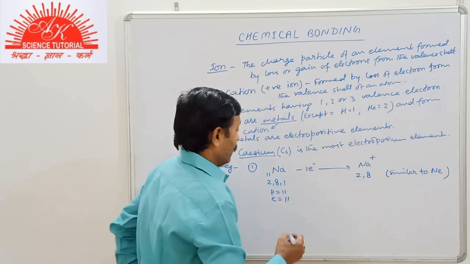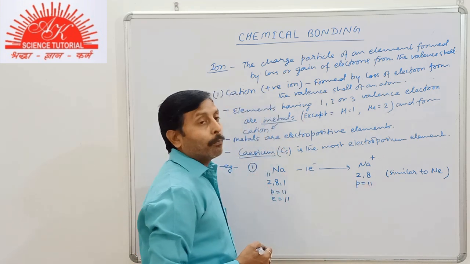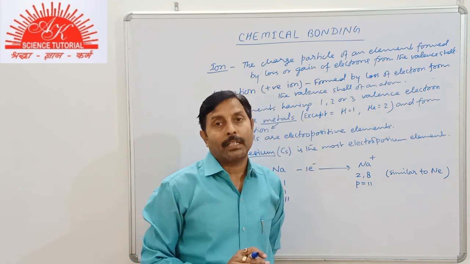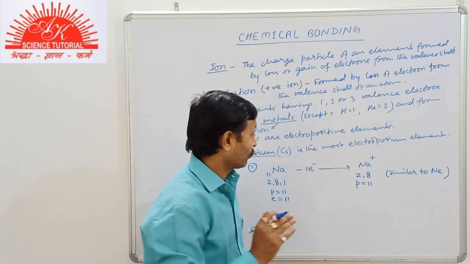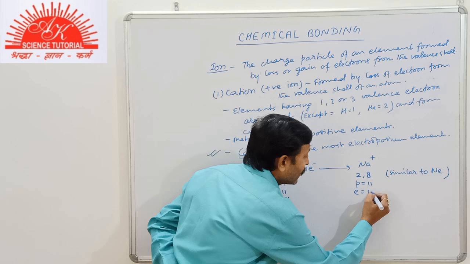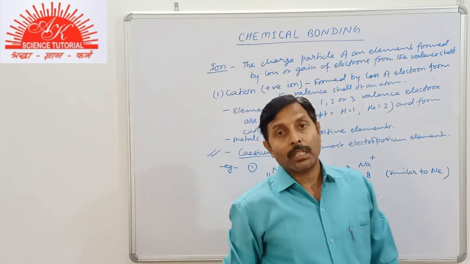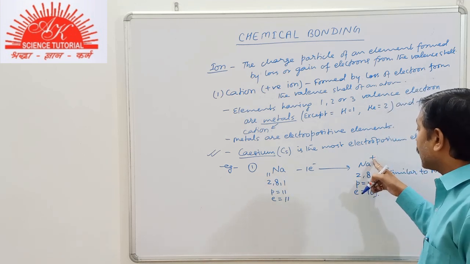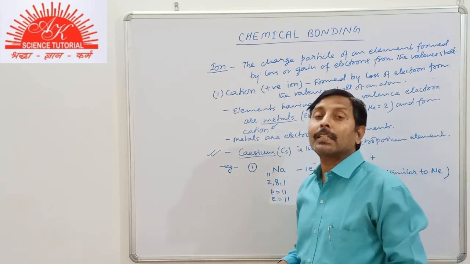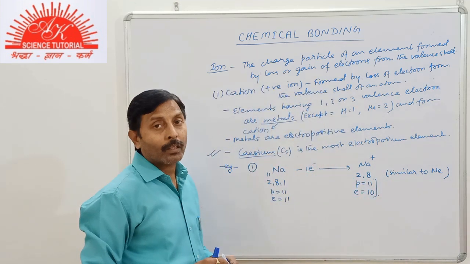But on this side, the protons remain as they are, because protons are situated in the nucleus of the atom and do not take part in chemical reaction or bonding. But the electrons are left only 10. So there is 1 extra proton that develops the positive charge. So this is the cation.